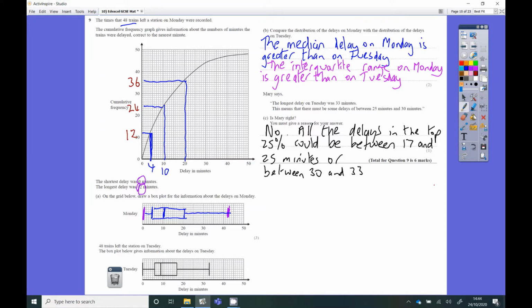In other words, there's no reason to think they have to be evenly distributed throughout that upper quartile.